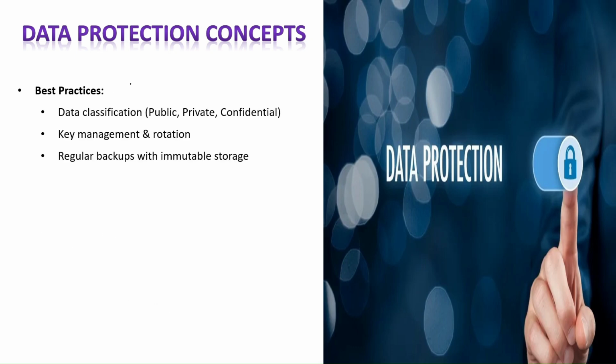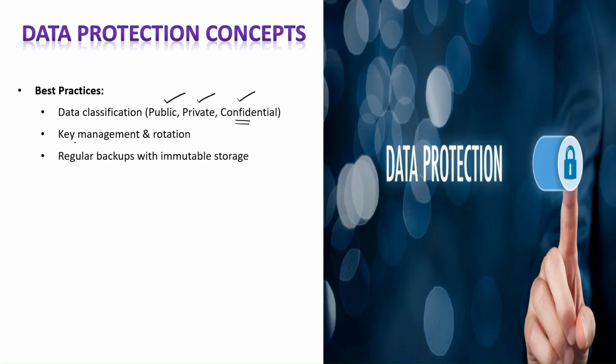Some best practices for data protection are to do the classification of data. Data should be classified such as public, private, and confidential, so that the controls are applied accordingly. For public data we may not use any control, but for confidential data we may use a set of multiple controls.